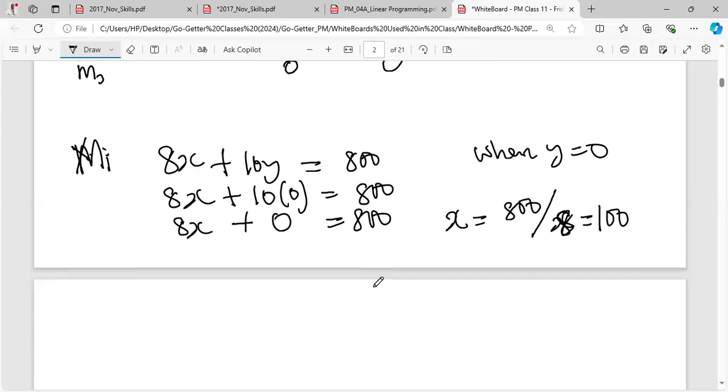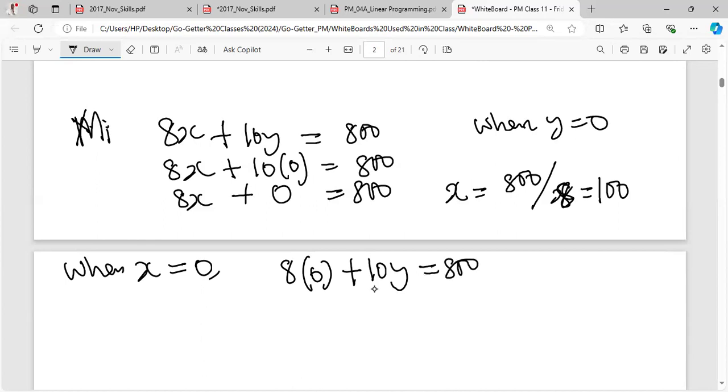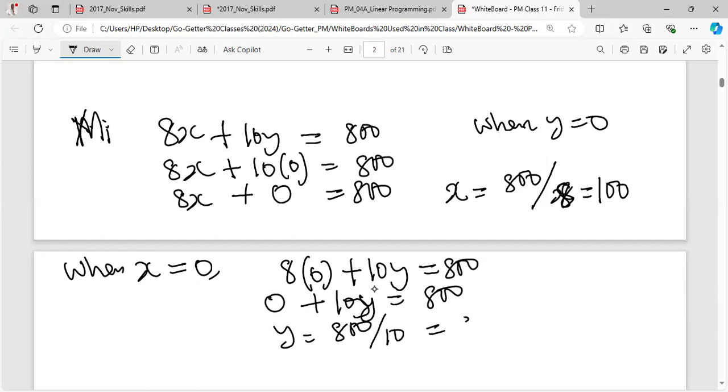Then we will do the next one. When x is equal to 0, what do we have? 8 multiplied by 0 plus 10y will give me 800. So this is already 0 plus 10y, that gives me 800. So you will now say y will be 800 divided by 10, which gives me 80.